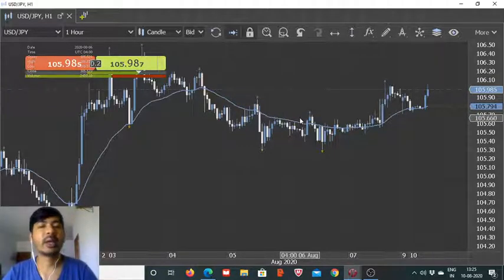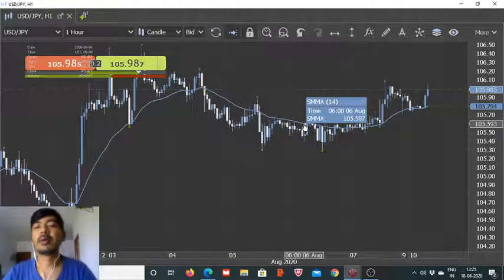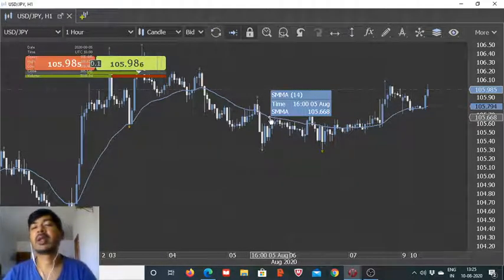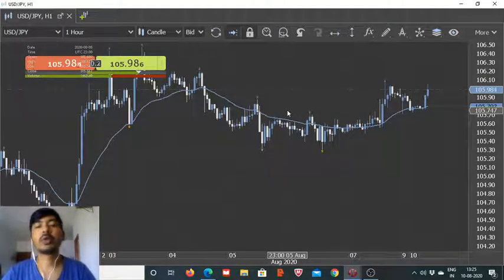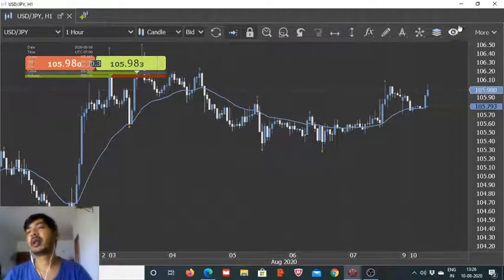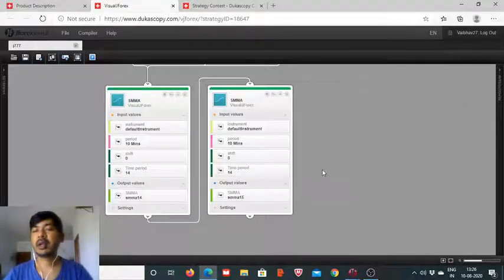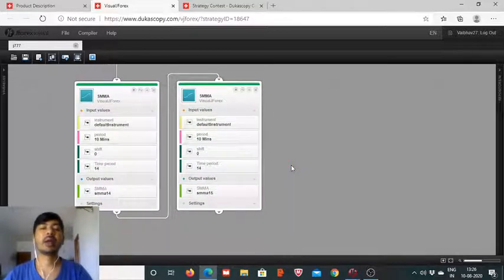You pick up the SMMA values, one from the last hour and one from, say, 5 or 10 hours back, and compare those two output values. You will get whether the underlying instrument's price action is on the downside or the upside, and what the momentum is in that instrument. You can use that to determine the trend of the underlying instrument.